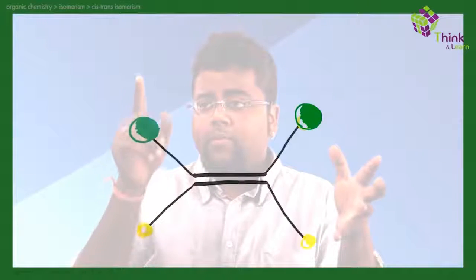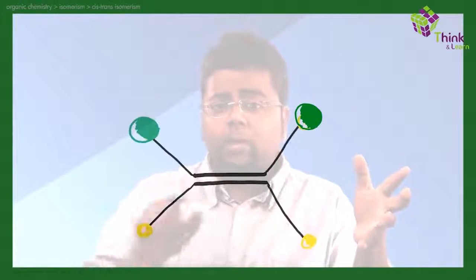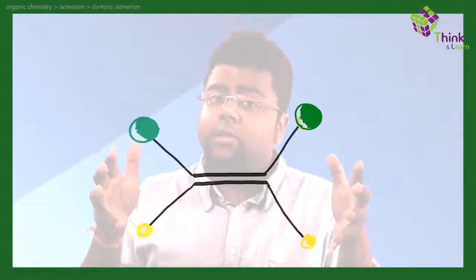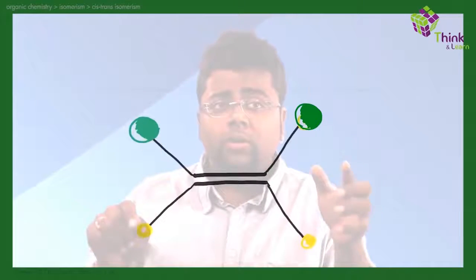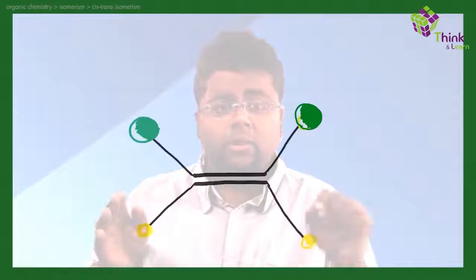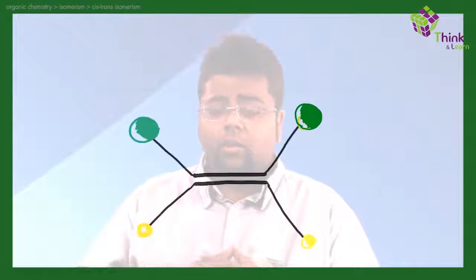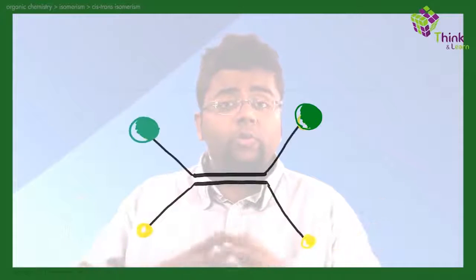Should I complicate more? Are you ready? Let's see. If I have a compound like this, I was having A, B, B. I was saying this is cis. Now, if this is A, this is B, D, and E. All the four groups are different.